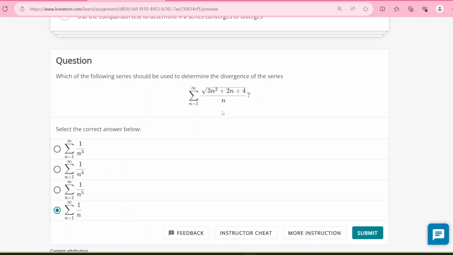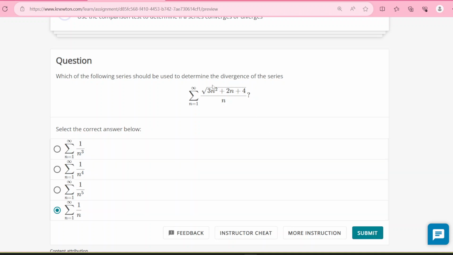If I divided these by 1 over n, you'd get the n's canceling, and then a sub n over b sub n would go to infinity. And remember, if the limit of that ratio is infinity, when the denominator series was divergent, the numerator would diverge as well. So I would compare to this 1 over n.